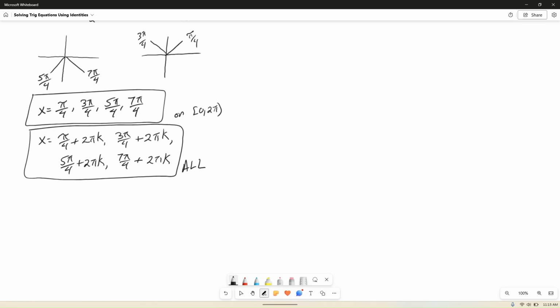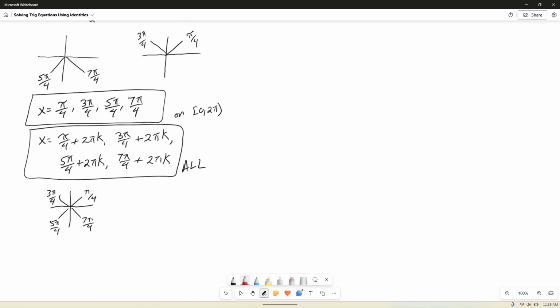Now, I can simplify that actually. It turns out if we look at those four solutions on the unit circle, right, each one is in the middle of each quadrant. They're at all the pi's over 4. So 1 pi over 4, 3 pi over 4, 5 pi over 4, and 7 pi over 4.